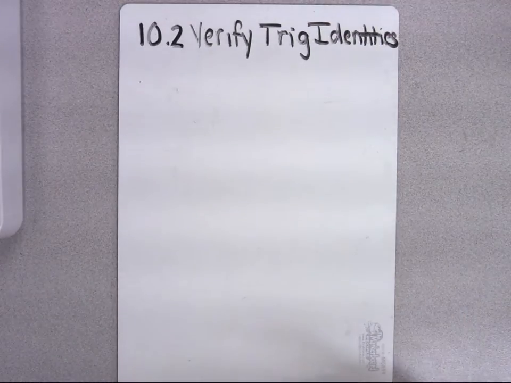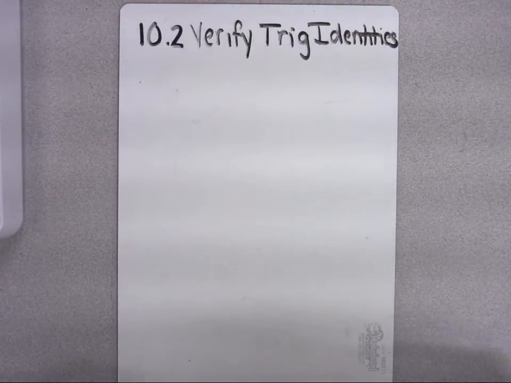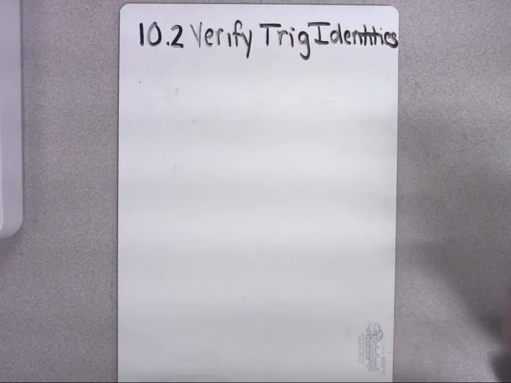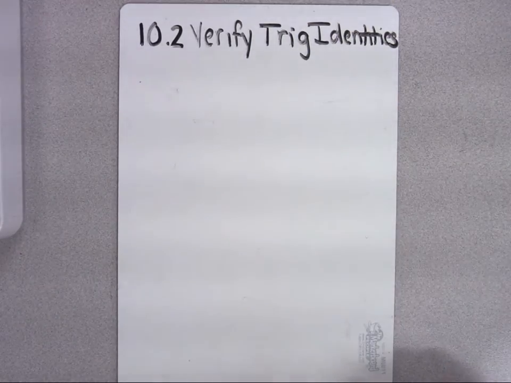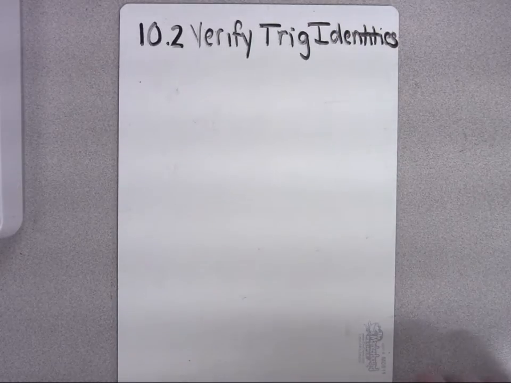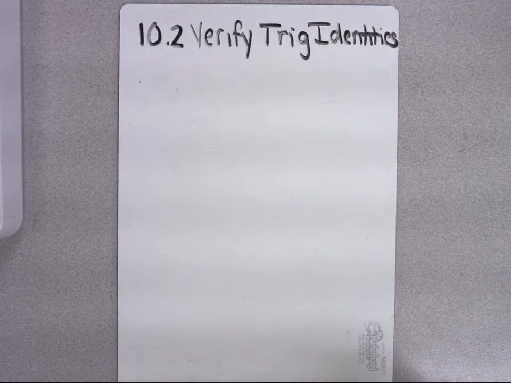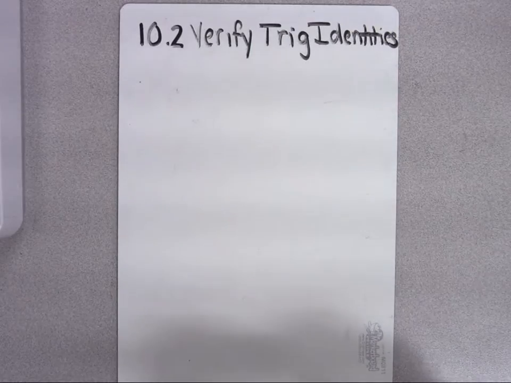Okay, so it does give you a little hint of how to do this. It gives you little steps if you'd like. I don't think it'll help, but I'll read them to you. Step 1, simplify one side of the equation until each of the two sides are the same.